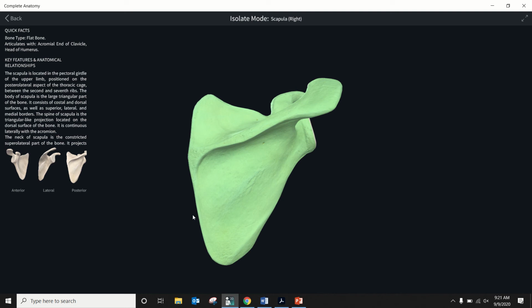The medial border is going to be important because it is the insertion of a couple of muscles. So your rhomboid muscles, which are two that you might be familiar with. So we're going to go insertion.